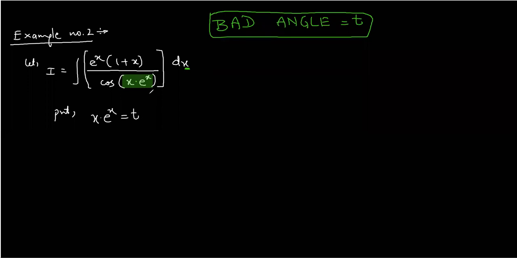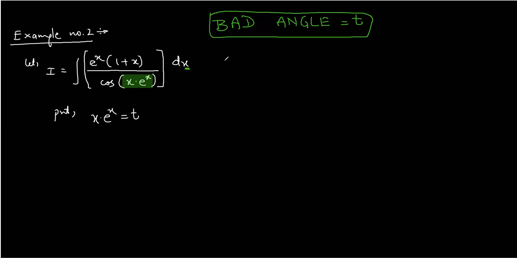So remember students that when you are making use of substitution, there is no hard and fast rule that which part of the integrand will be substituted as T. It could be the whole numerator, sometimes the whole denominator, sometimes some part of the denominator like here, sometimes some part of the numerator, it could be in the power, it could be inside the square root, it could be anywhere.